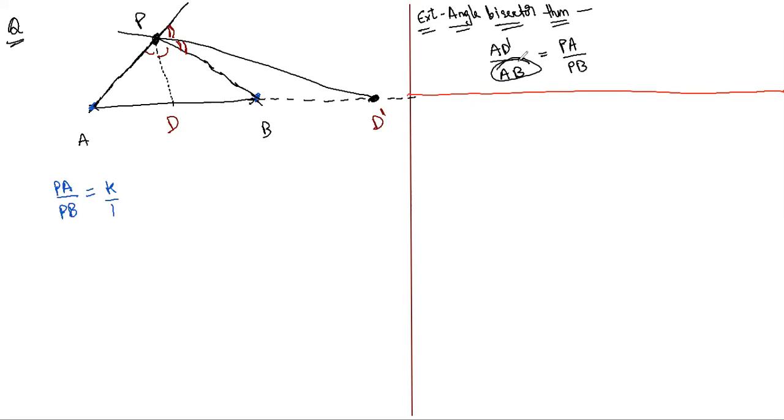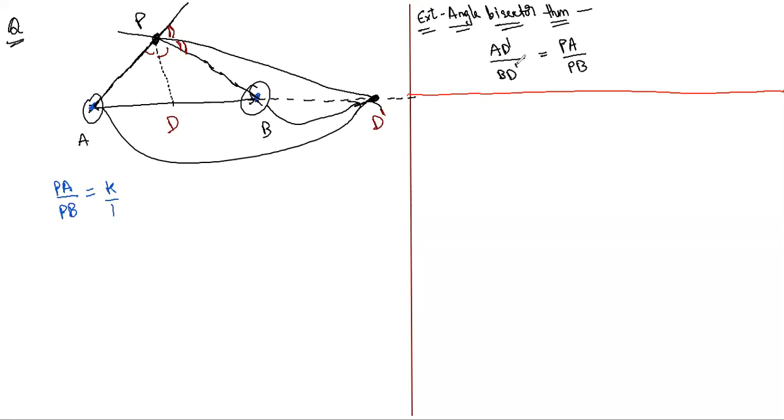I think you have to change this. Try to think again. Instead of AB, what can you write here? See, AD dash is the distance from one vertex to this point, divided by, I think it should be BD dash. AD dash divided by BD dash.